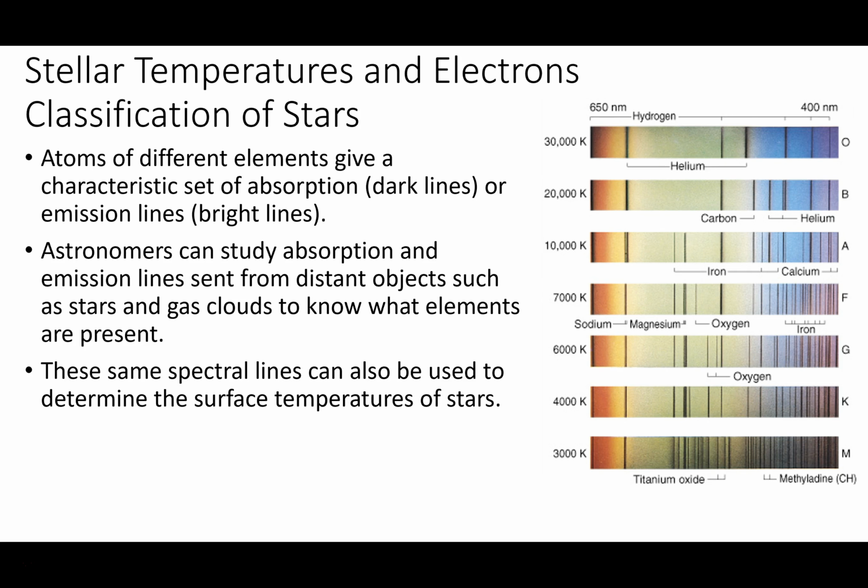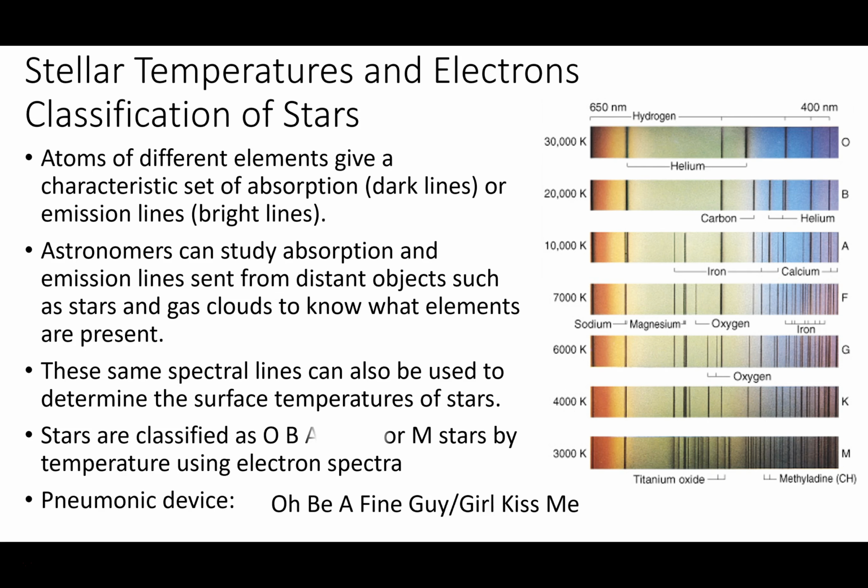They go from hottest to coolest. So these 7 spectral types, indicated by the capital letters O, B, A, F, G, K, M, are ordered from hottest to coolest, okay?